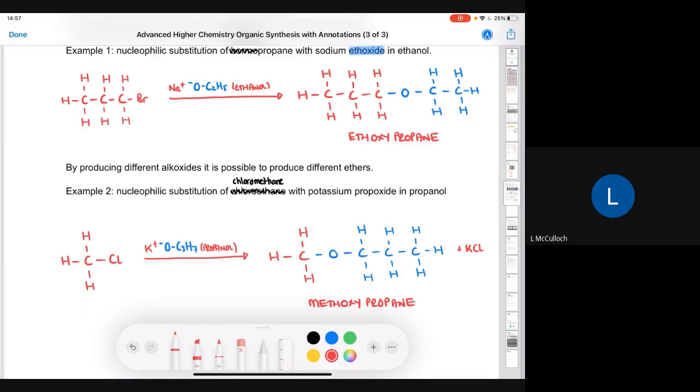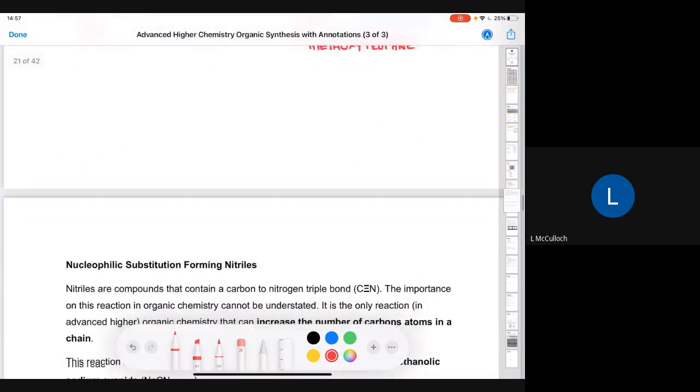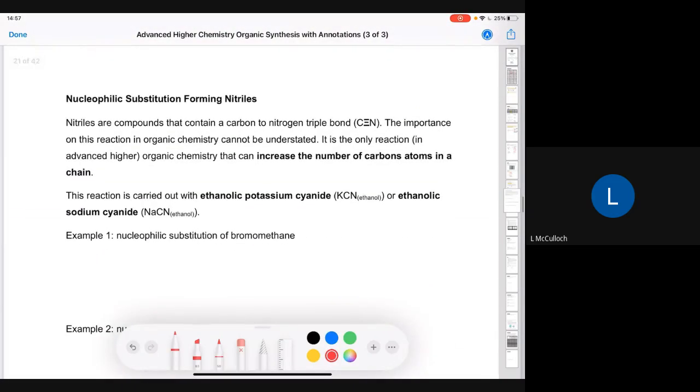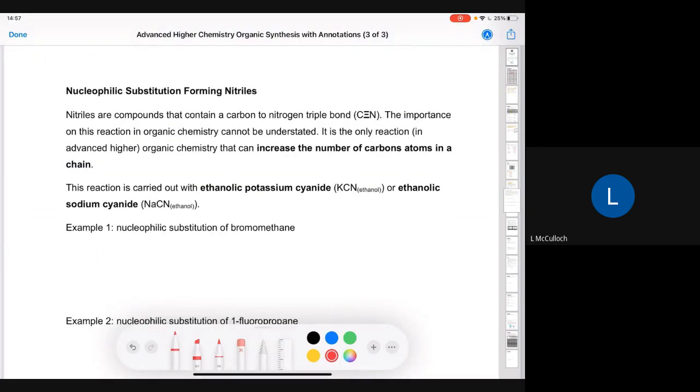All right, so let's look at that third type of nucleophilic substitution, which was to form a nitrile. Okay. So going on to look at nucleophilic substitution forming nitriles. So we're just going to begin with a little introduction, which says that nitriles are compounds that contain a carbon to nitrogen triple bond.